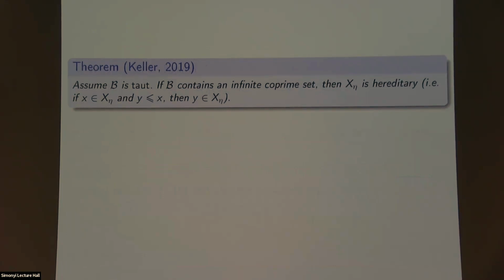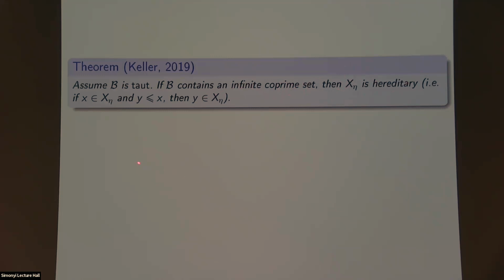Tautness is an important assumption in several theorems. In particular, I would like to show you a theorem due to Gerhard Keller, who proved that if B is taut and B contains an infinite coprime set, which is equivalent to proximality, then this x eta is hereditary.